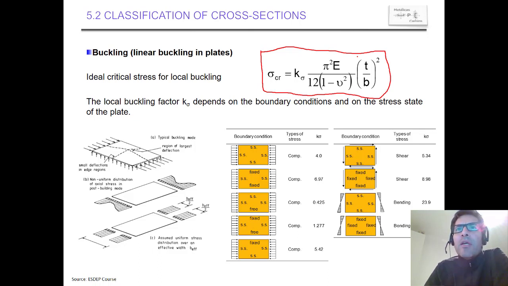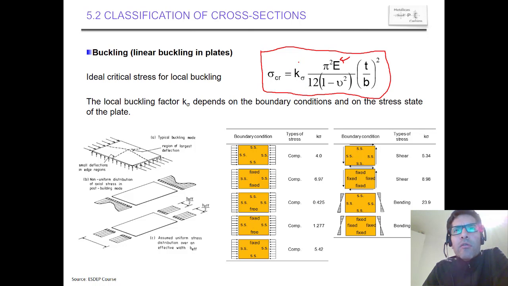We can see that because there is a unit of megapascals in the elasticity modulus E, and then all other magnitudes like pi, 12, Poisson, and then we have that there is here a geometrical relationship between the thickness of the plate and the width of the plate, and so the units will cancel, and then we have a factor which is k sigma. Okay?